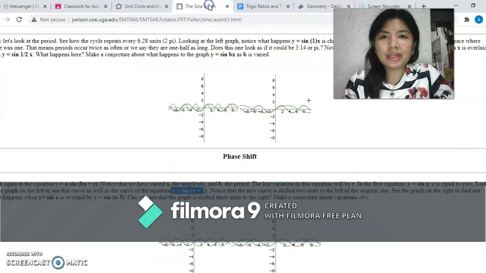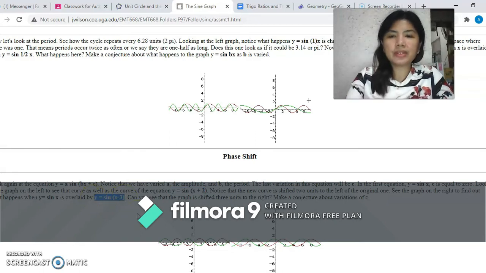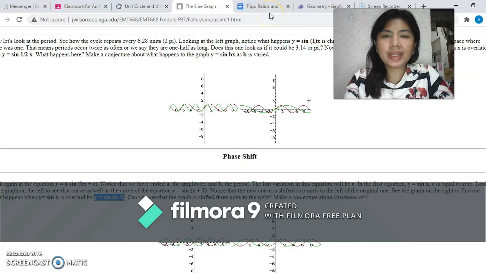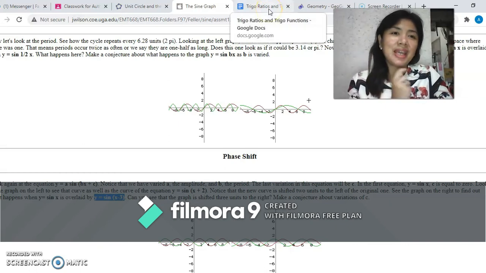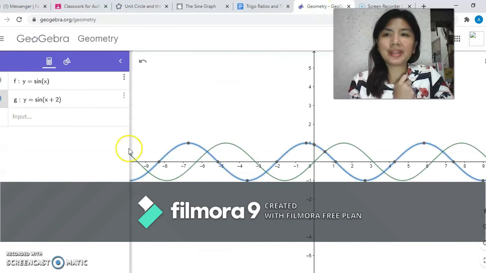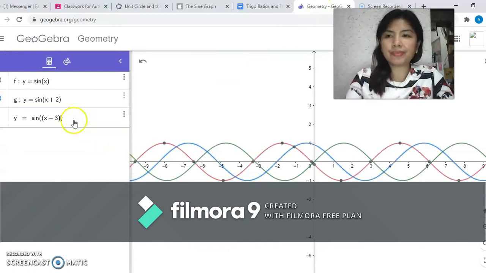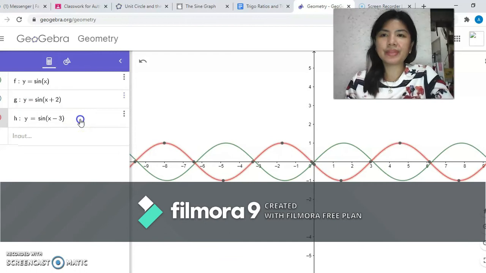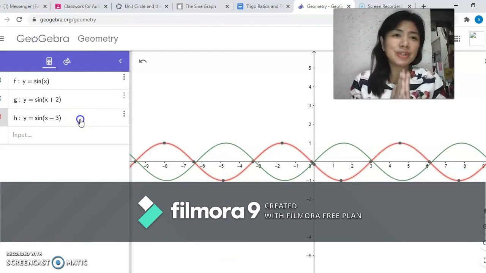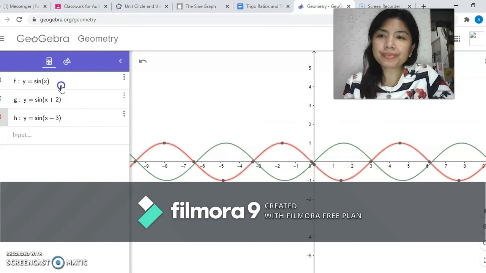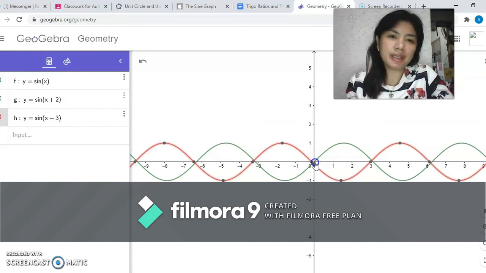And the next one, we have this one: y equal to sine x minus 3. So we have C equal to negative 3. I'm going to write this. Observe that the starting point of the period shifted from the origin towards 3 units to the right.